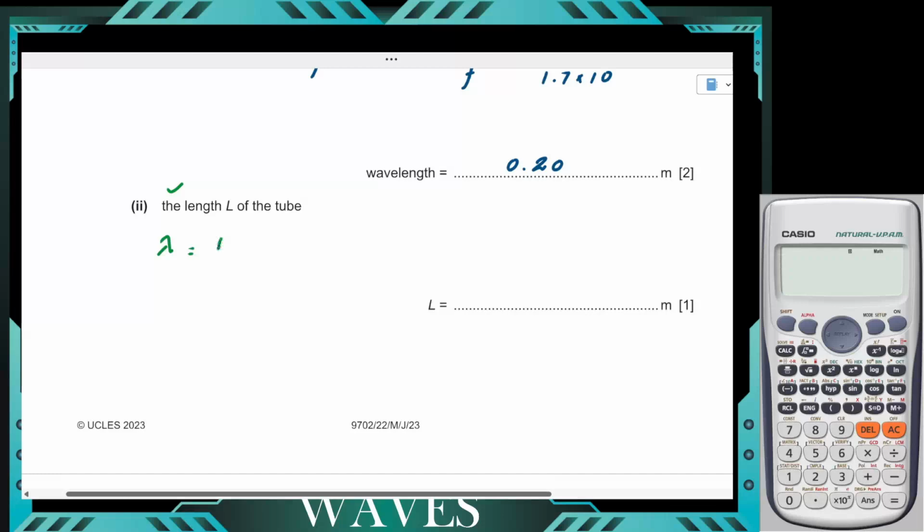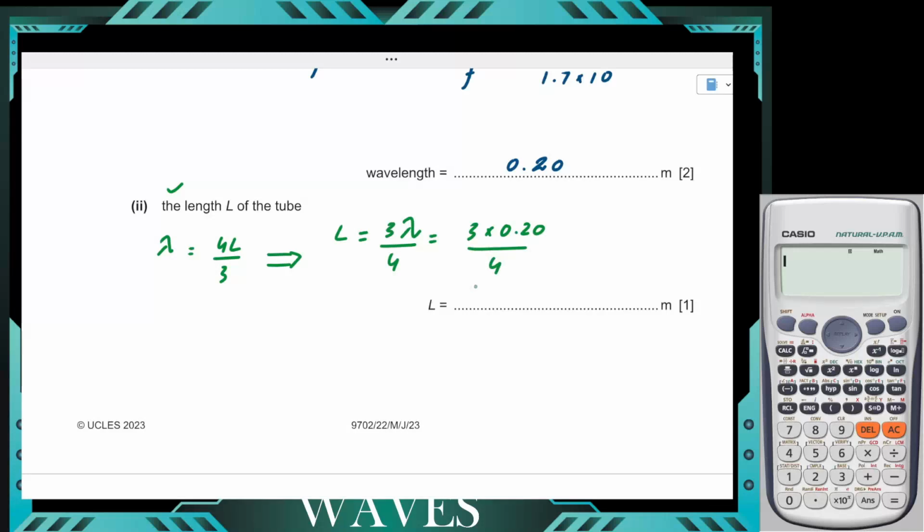Then I can rearrange it for length. Length equals 3 times lambda divided by 4, that is 3 times 0.20 divided by 4, and on the calculator you get 0.15. So the length of the tube is 0.15.